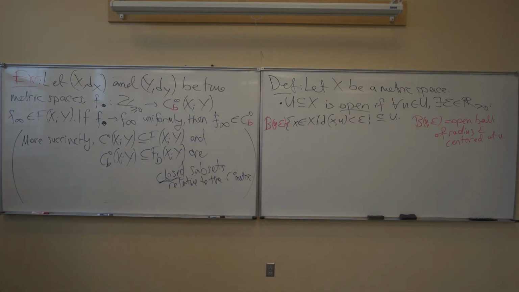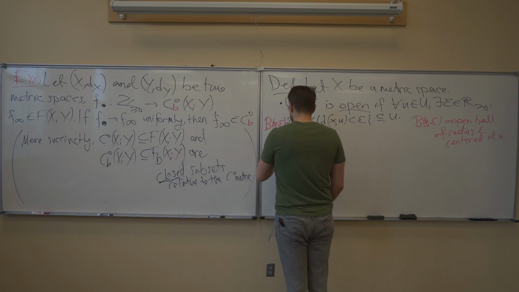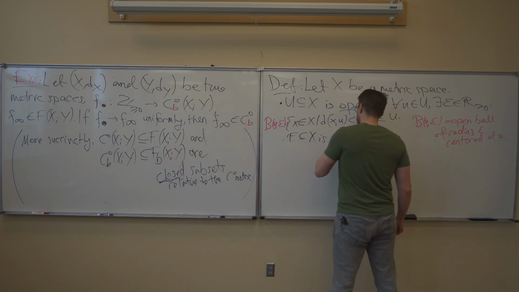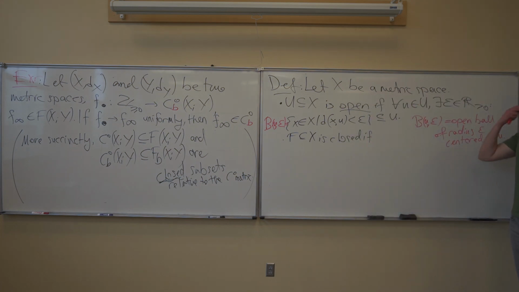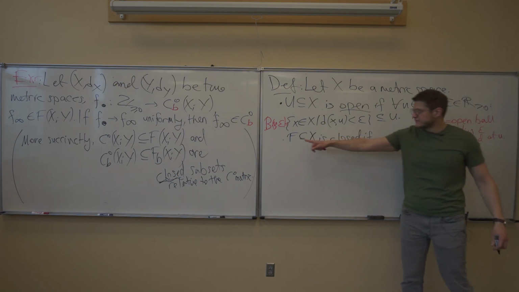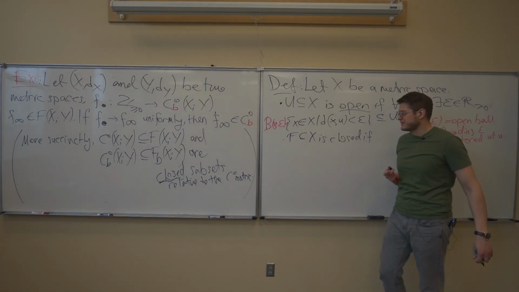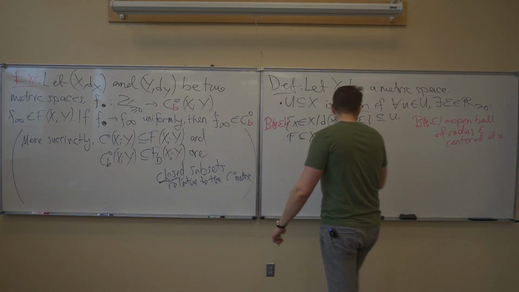And I'm going to call a subset F closed if this happens. What does that mean? Well, I take a sequence in this subset that converges to some point in this larger space X, then I want that limit to be inside the set already.